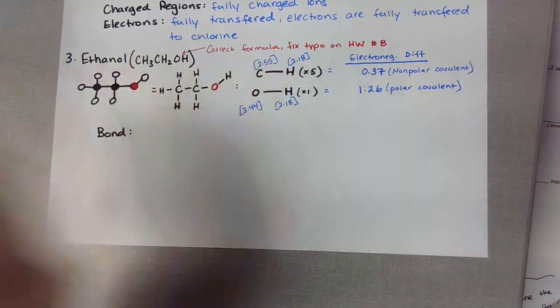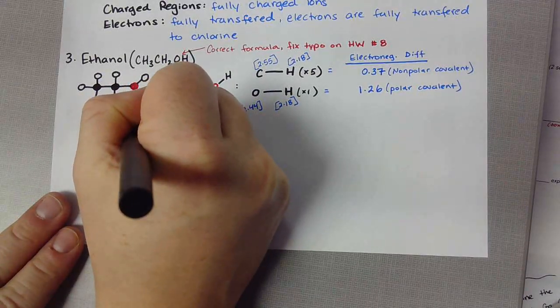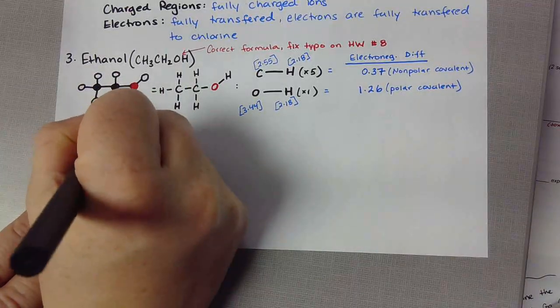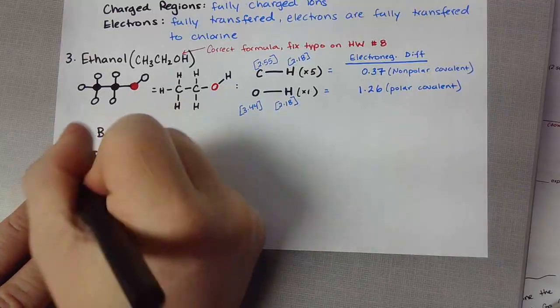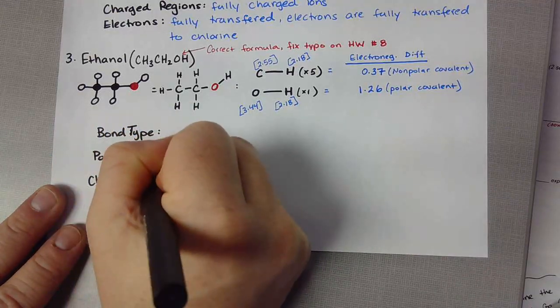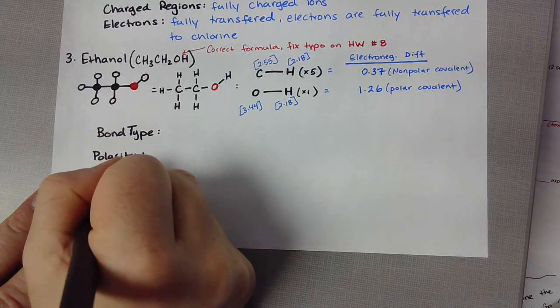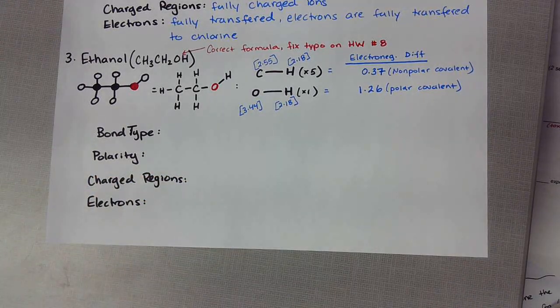We're going to talk about bond type, oopsie. We're going to talk about polarity, charged regions, and electrons. And then we're going to mark the structure up.